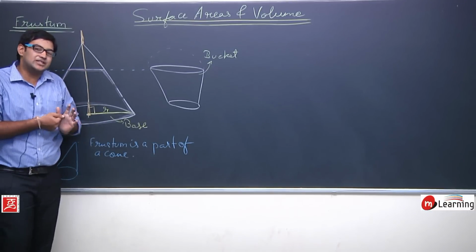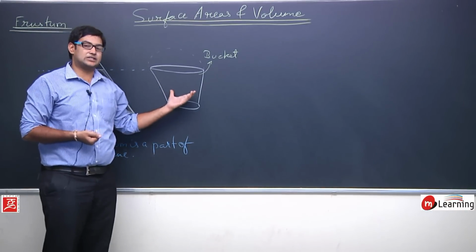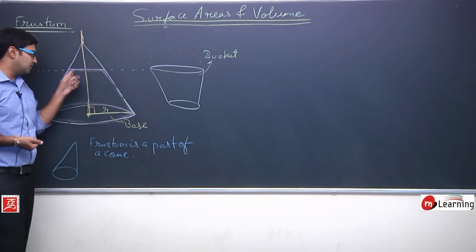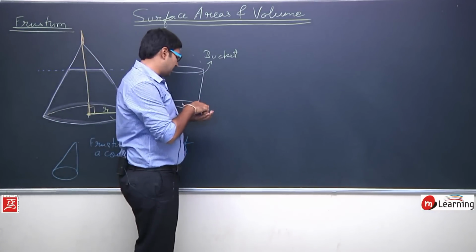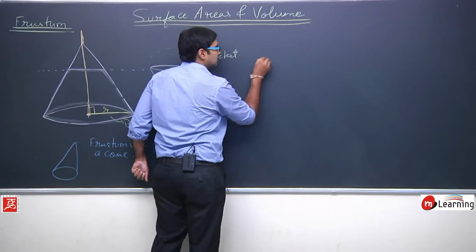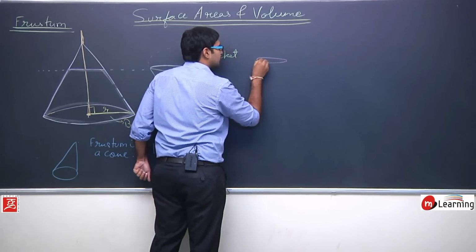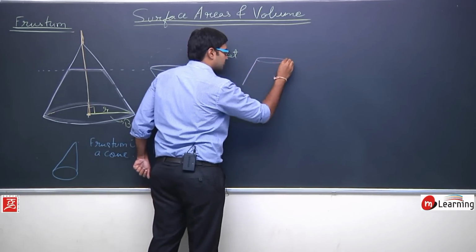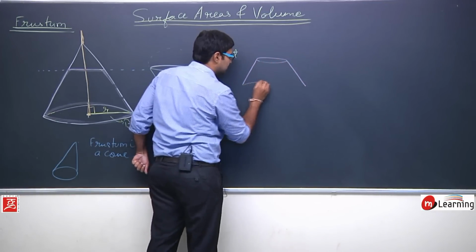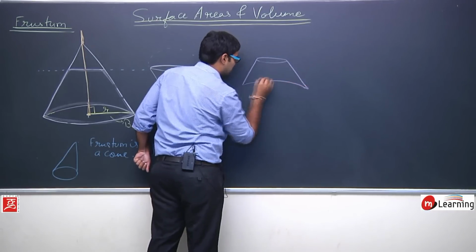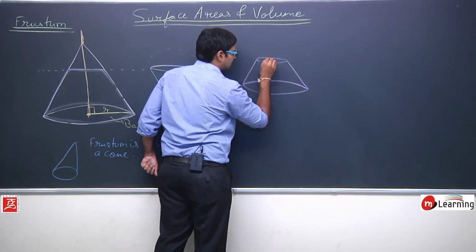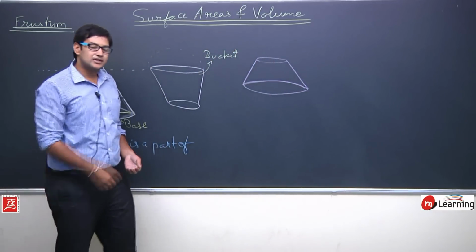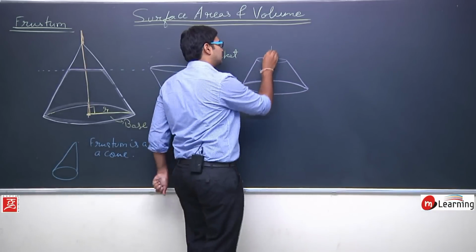Then I will be able to see a figure like this. If I draw this particular figure separately, this becomes a frustum. This kind of figure is known as a frustum.